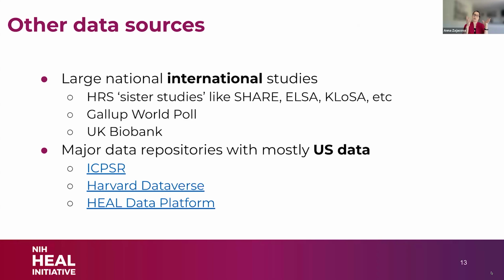Now, in addition to these large US national studies, there are large international studies. Again, I would just highlight a few. The Health and Retirement Study has what are called sister studies, like SHARE for most European countries, ELSA for the UK, for England, CLOSA for Korea, etc. So for those of you interested in international comparisons, there's data out there. The Gallup World Poll has a terrible pain question, to be honest, but 146 countries.